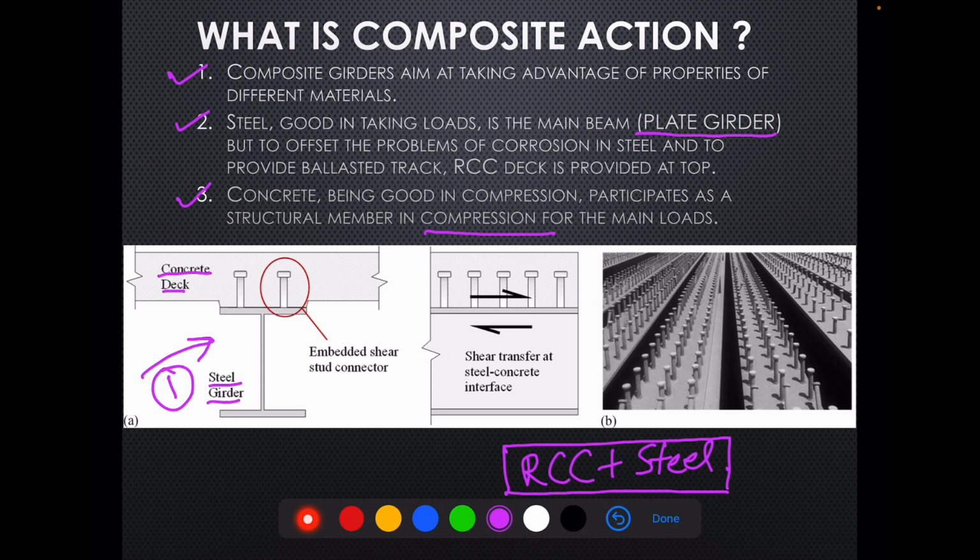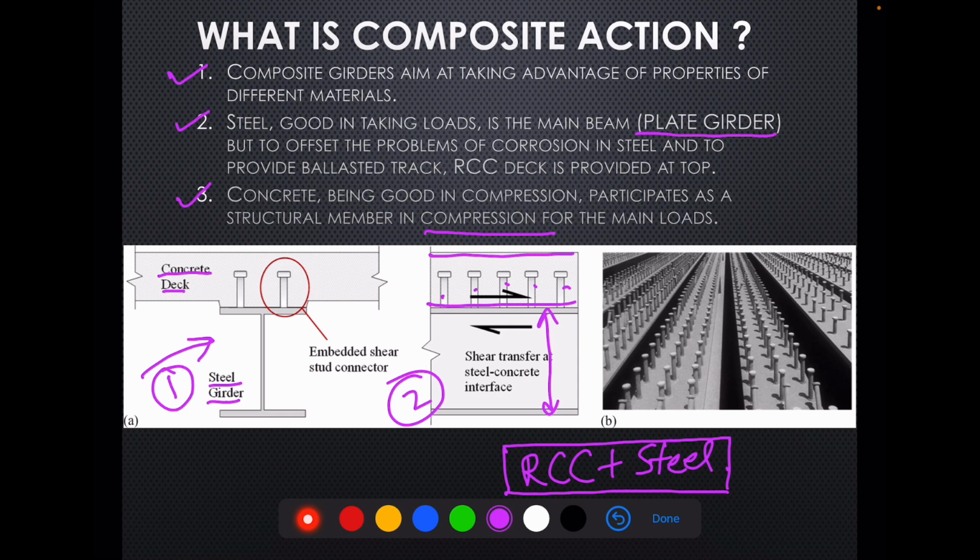So shear transfer takes place at the steel concrete interface. This is sketch number two. Once cast, these shear studs go inside the concrete, and this concrete portion and this steel portion now just act as one unit.